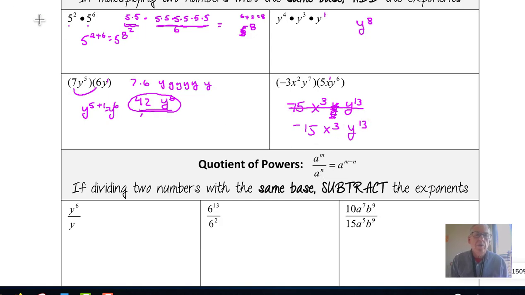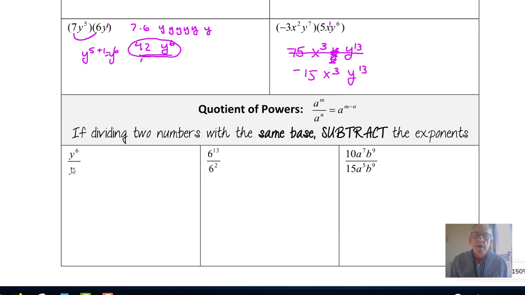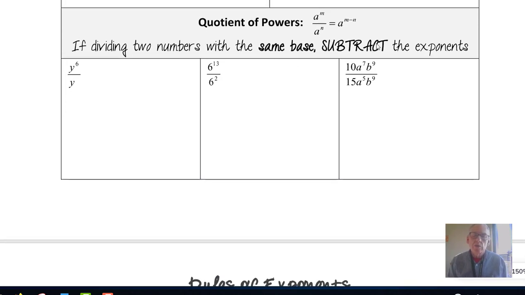Now when we divide powers, we subtract the exponents. And we can also do this without knowing the rule by cross-canceling. So y to the sixth in the numerator literally means we have 6 y's in the top of a fraction. The single y in the denominator means we have 1 y in the denominator. We can cross cancel and replace by 1 any common factors between the numerator and denominator.